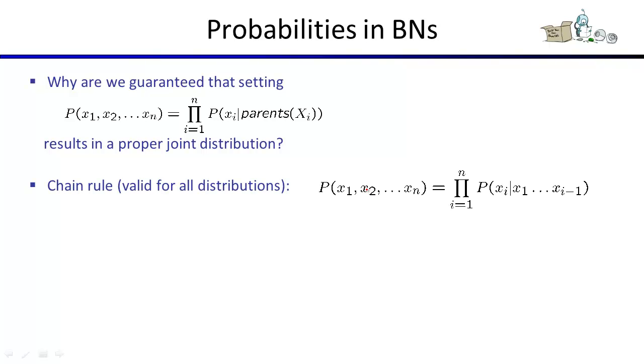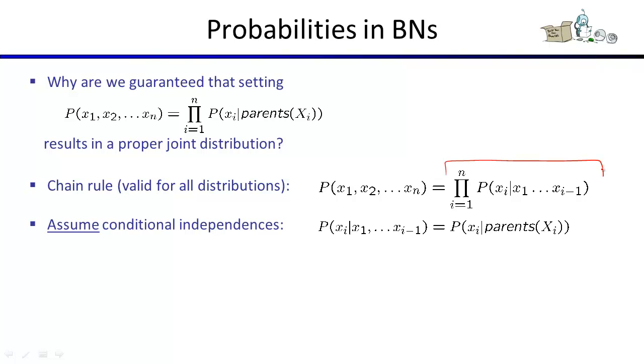The starting point is the chain rule. The chain rule says that for any distribution over x1 through xn, you can write it as a product: probability for x1 times x2 given x1, x3 given x1, x2, and so forth. What we already have here is one entry for each node in our graph. It might not be exactly the conditional distribution that we have sitting in our graph.